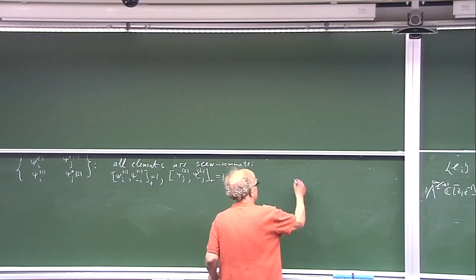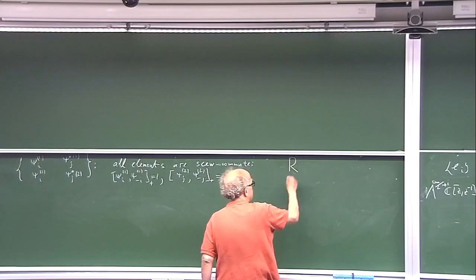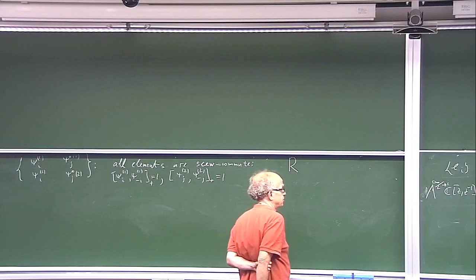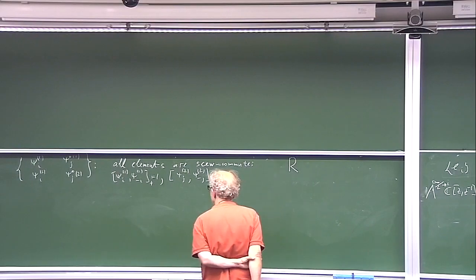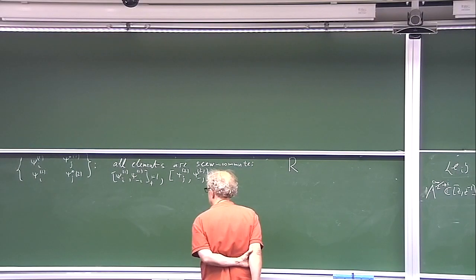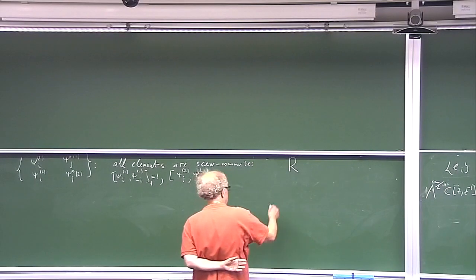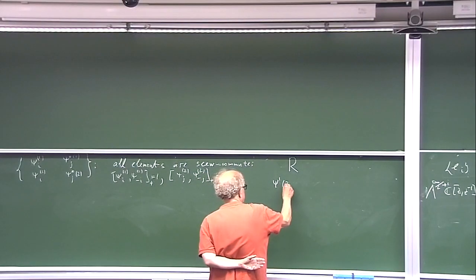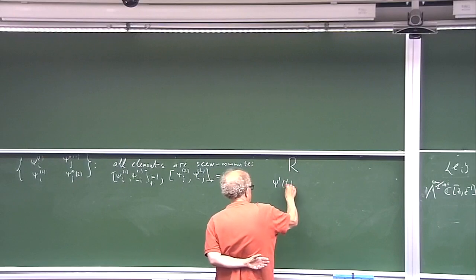So this algebra has a representation with such bases, and we can denote this representation by R, and then I can play the same story. Not a big difference. So I can write down, for example, psi1 z t.